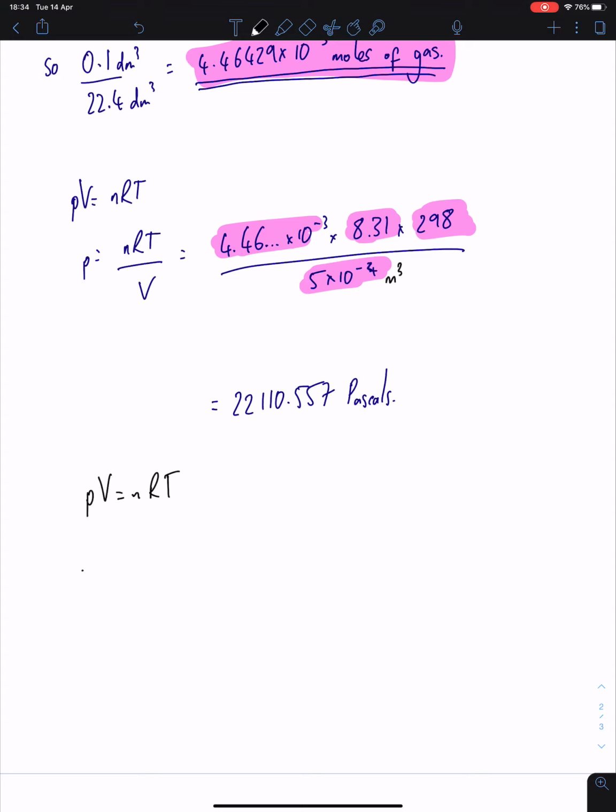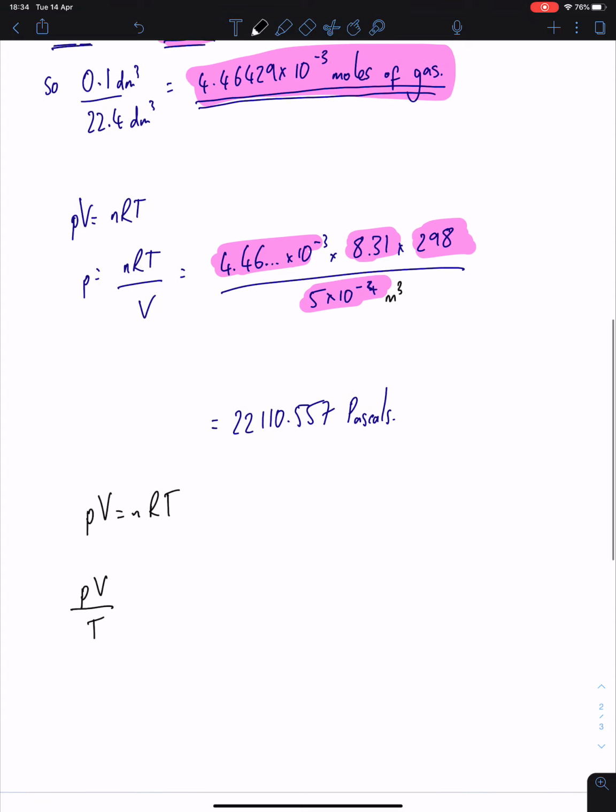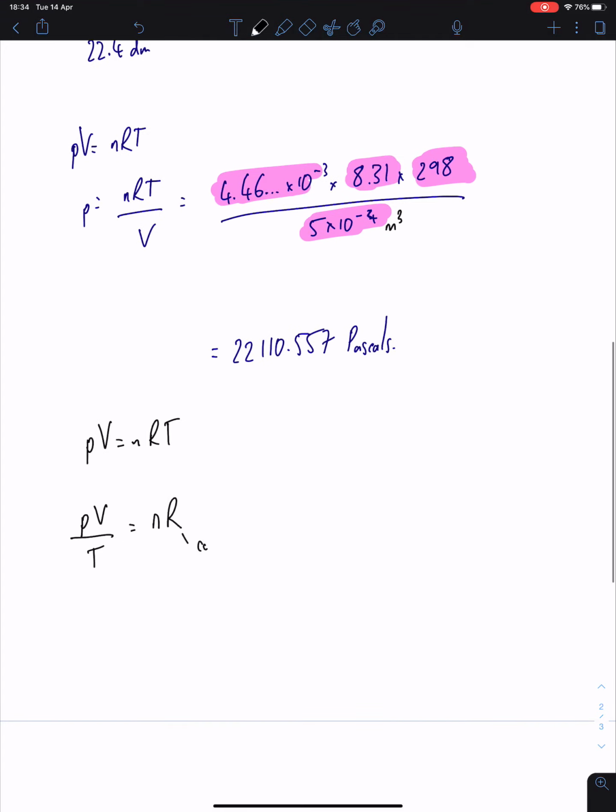So if I rearrange that just to get PV divided by T equals nR, where n is the number of moles of oxygen and CO2. Now what they're saying in the question is, because the number of moles of oxygen and CO2 remains the same in both containers, this nR is one big constant.